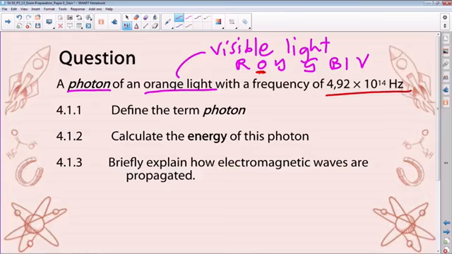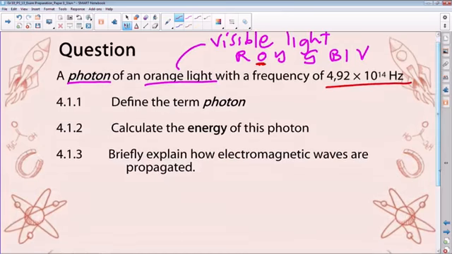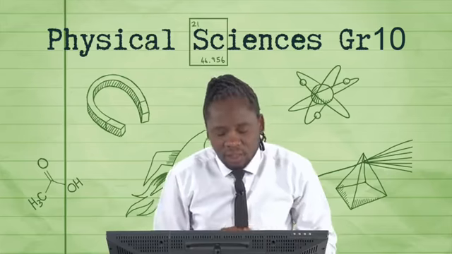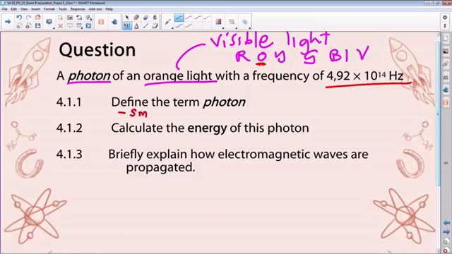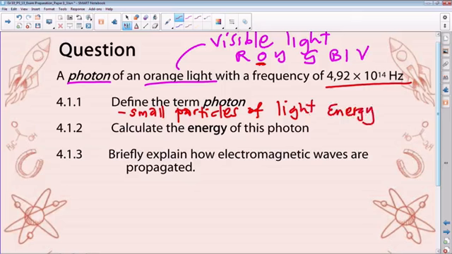So the first part is to define what we call a photon. The word photon means light. So when we talk of a photon, we're talking about small particles that carry light energy. We call them photons.